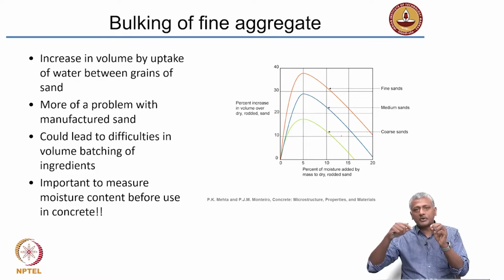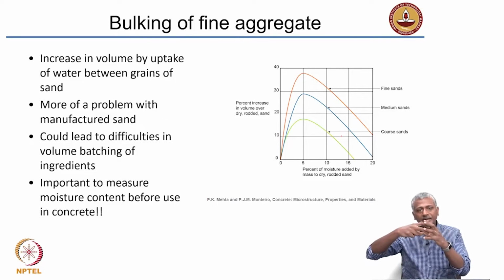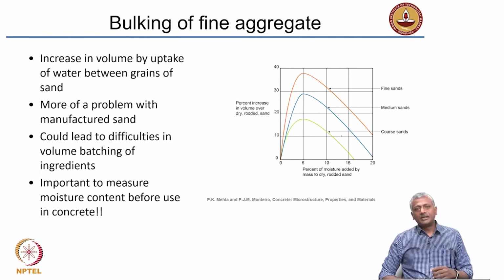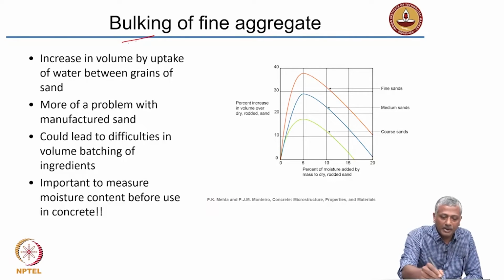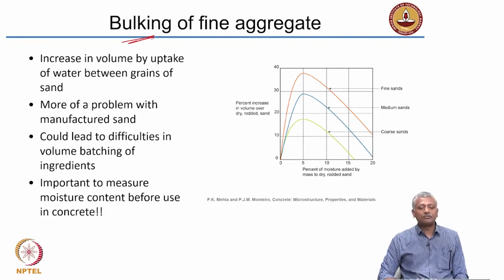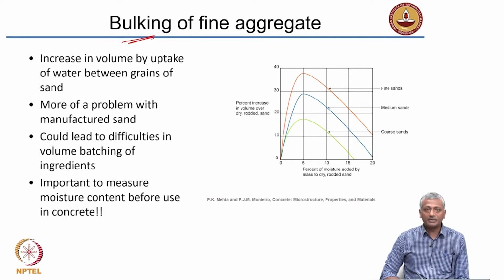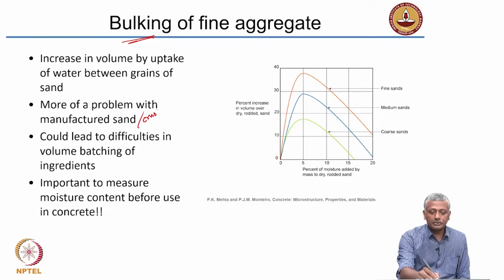So, as it absorbs moisture, the water goes in and expands this void that is present between the sand. As a result, the sand appears to be larger in volume than it actually is, and that process is called bulking. So, bulking is nothing but increase in volume by uptake of moisture between grains of sand. Okay? And this is more of a problem with sources of sand that are not natural, or sometimes even with crushed stone sand.